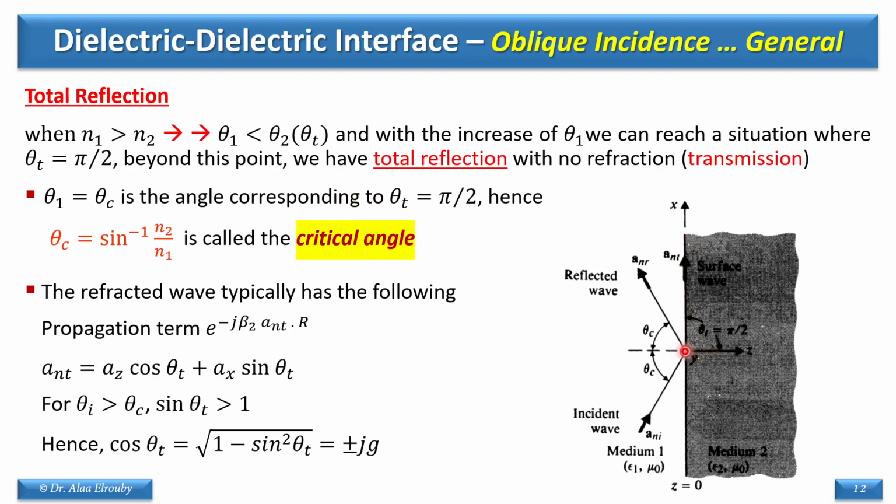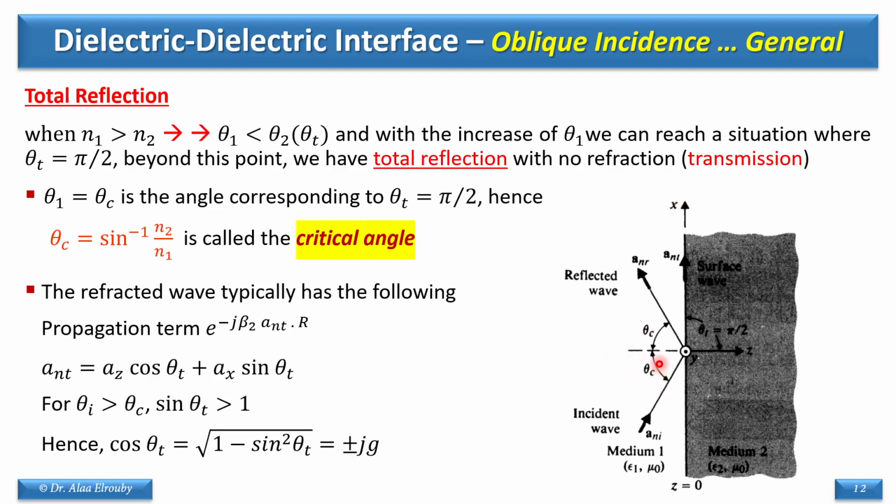The incident wave, part of it will be reflected with Snell's law of reflection, and the transmitted wave will be propagating on the surface. We call this condition total reflection, because all the waves are now in media 1, nothing goes into media 2. Part is reflected and part is traveling on the surface.